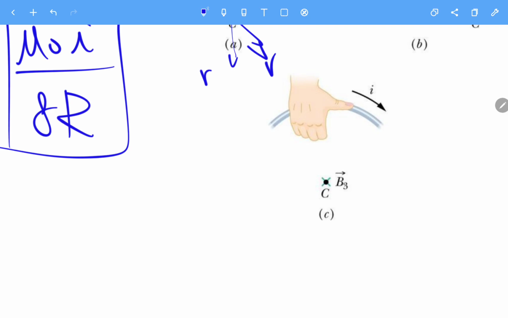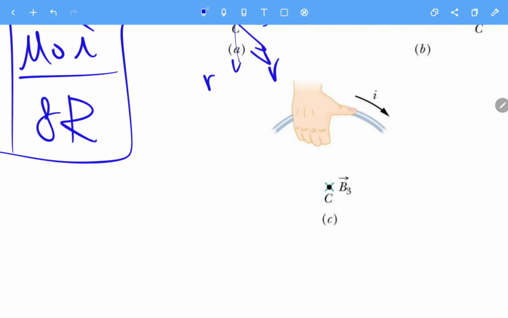At this point the current is pointing to the right side, and then your forefinger will be something like that. If your fingers go this way, from here to here, they will be pointing into the page. So it also tells you that B3 will be pointing into the page.